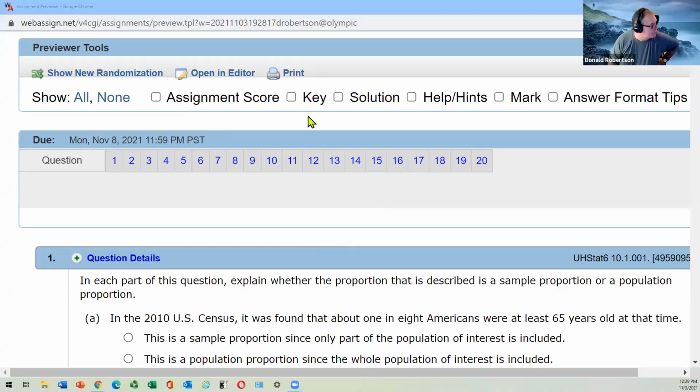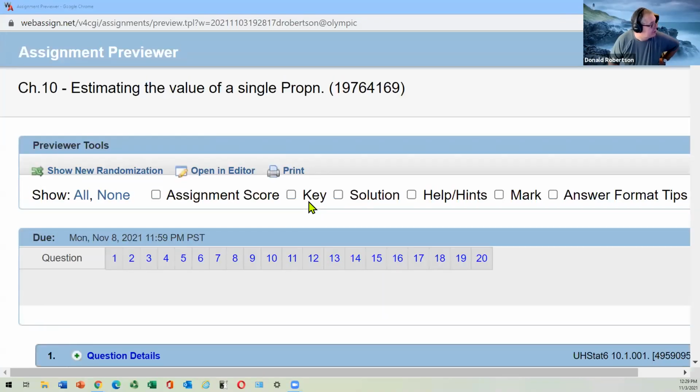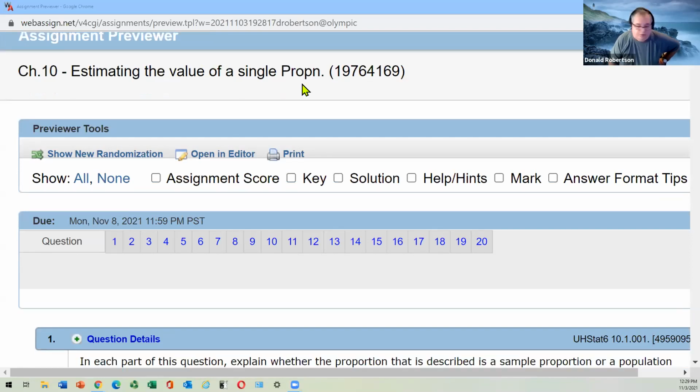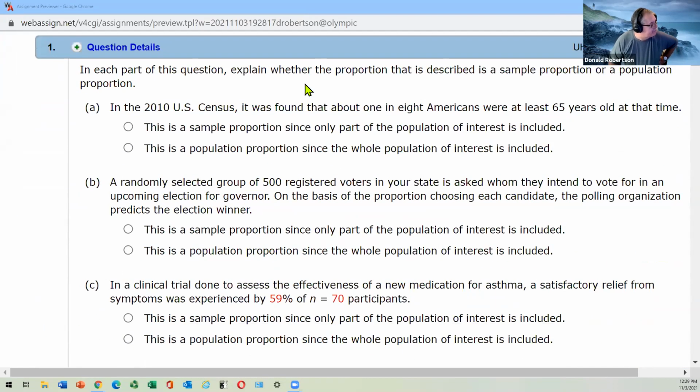So here it goes. Are you all looking at chapter 10, estimating the value of a single proportion? Right. So let's start. In each part of this question, explain whether the proportion that is described is a sample or a population. Okay, remember, is this a sample?